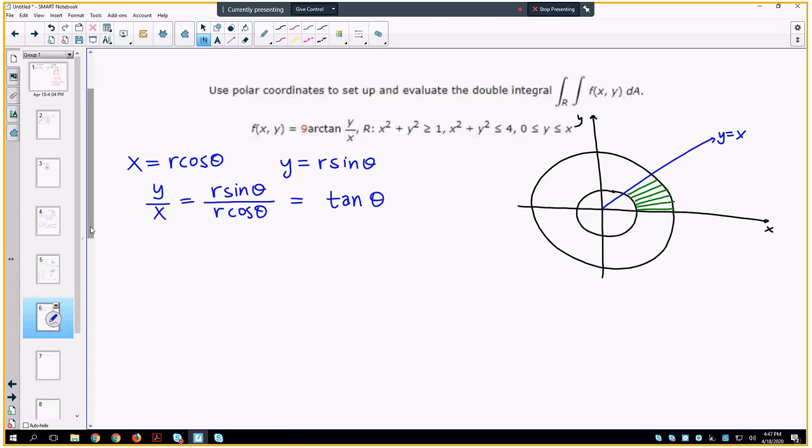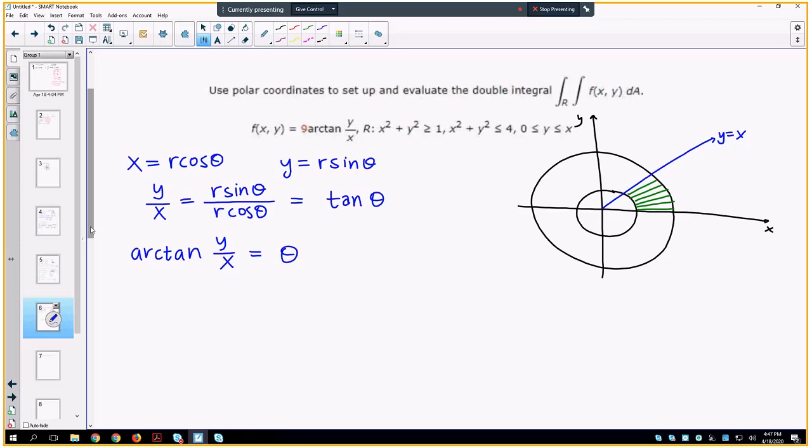If I take inverse tangent on both sides, I have arctan y over x. And because I know that my angle is between 0 and pi over 4, and my arctan gives me back angles between negative pi over 2 and pi over 2, then I get to say this is just theta. I don't have to make any other adjustment.